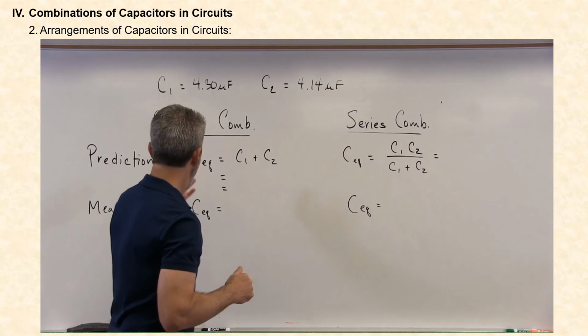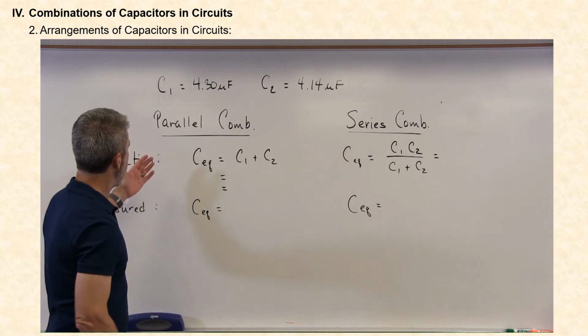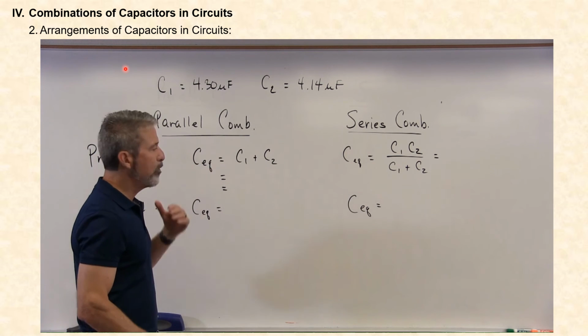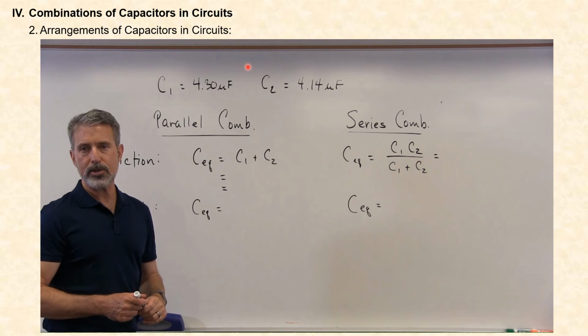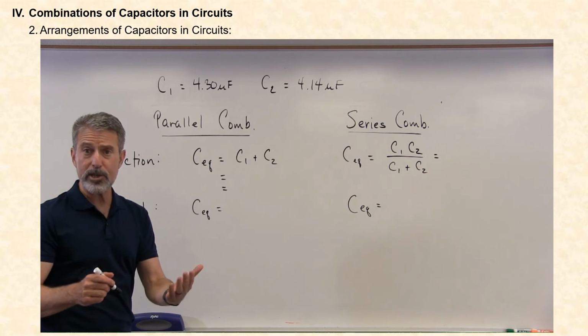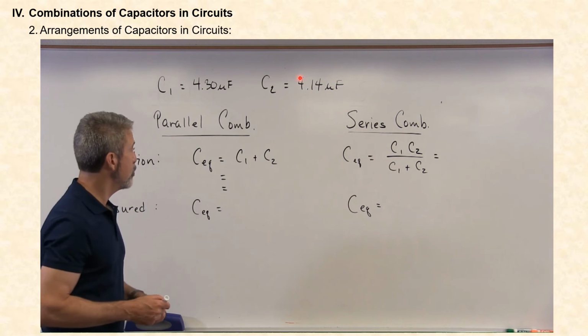So you recall that for a parallel arrangement, we find the equivalent capacitance by taking the simple sum of the capacitances of the individual capacitors. In our case, we're only talking about a combination of two capacitors.